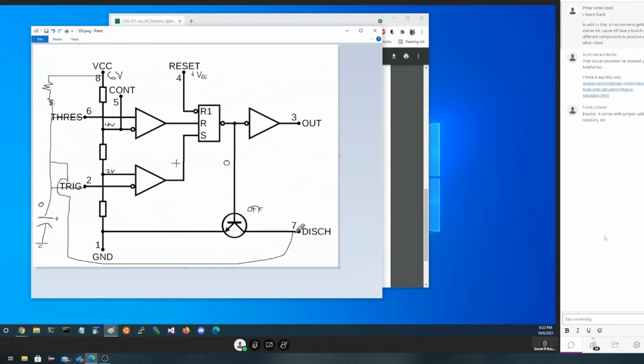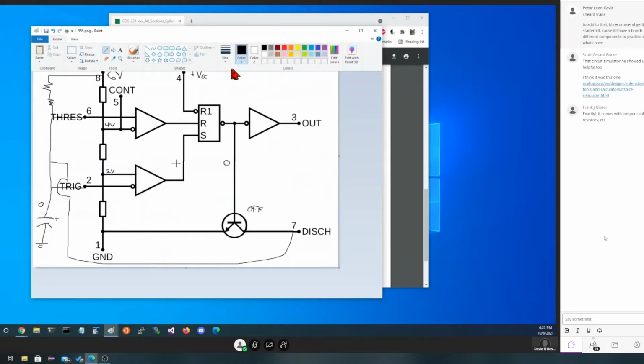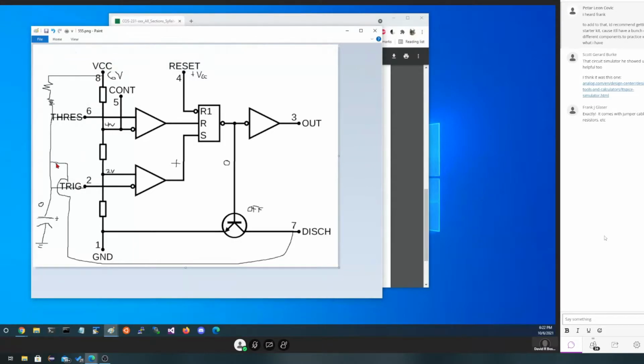Since the transistor is off, that means that the connection, I actually put this in the wrong place, didn't I? Where's my eraser? There it is. It's not hooked here.